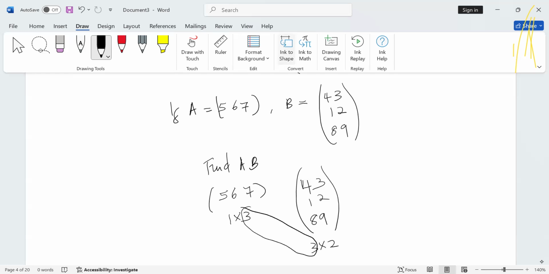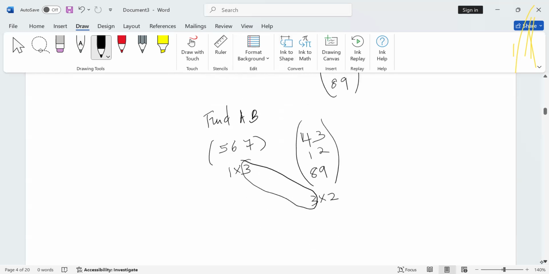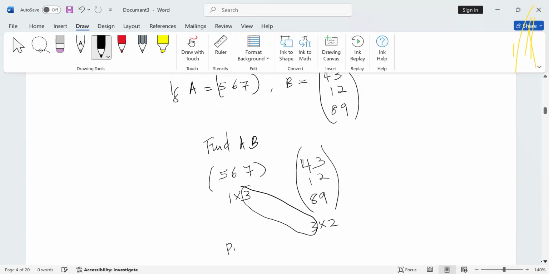And your product matrix is a 1 by 2 matrix: 1 row, 2 columns. That's why you have seen 82, 90. 1 row, 2 columns.